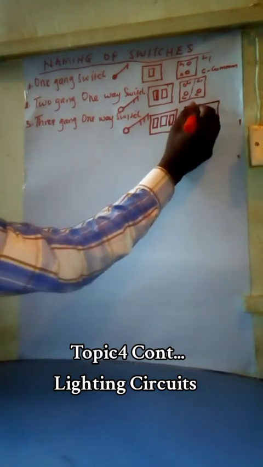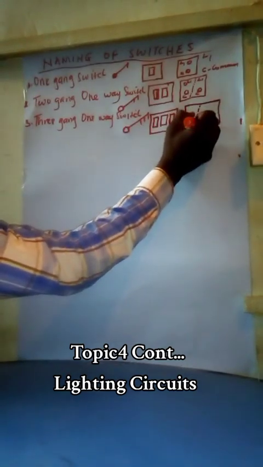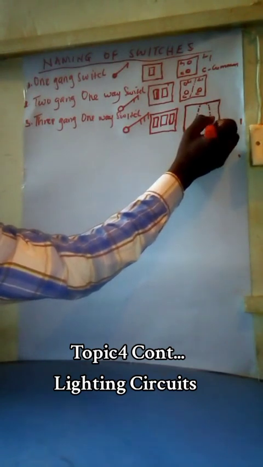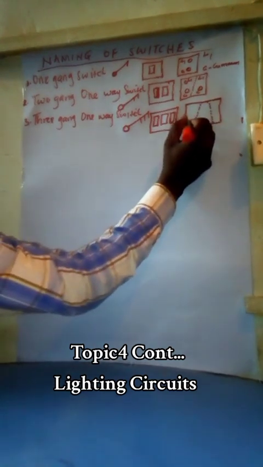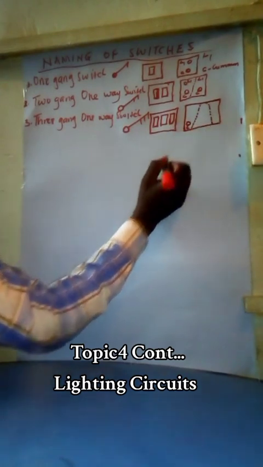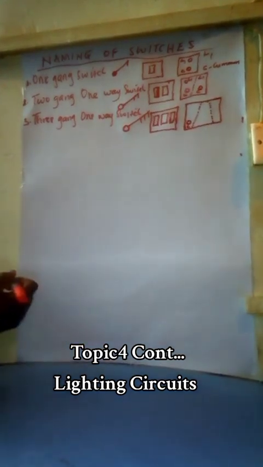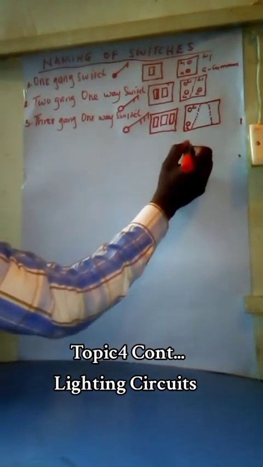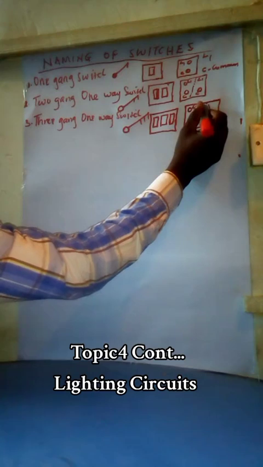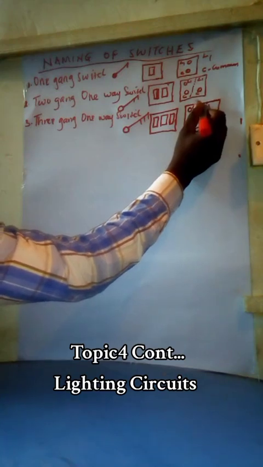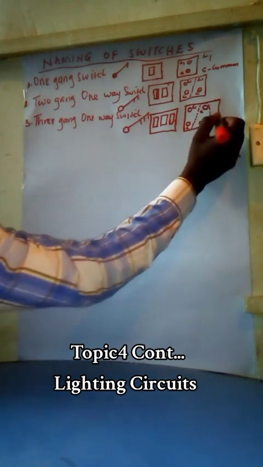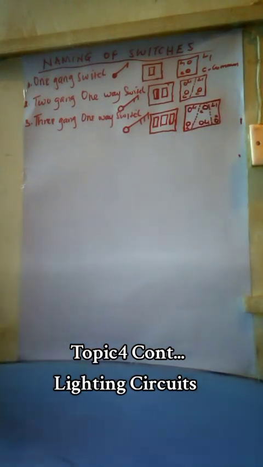We can divide it into 3. If you turn the switch, you find something like this, where you'll have the common here, and you'll have L1. You might have even common here, common the other side, and have L1. Then you have common C and have L1.